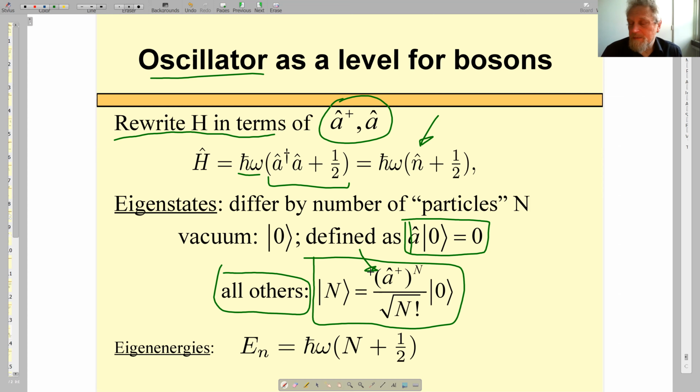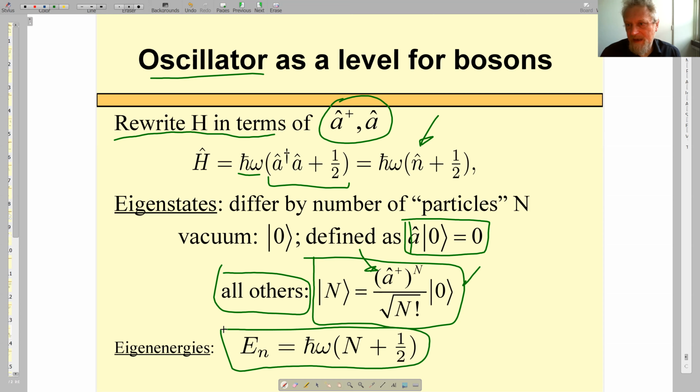What is this number? This number is just the number of particles. And after that, we normalize the state. We get an eigenstate, and the eigenenergies are that, which means that particles do not interact.